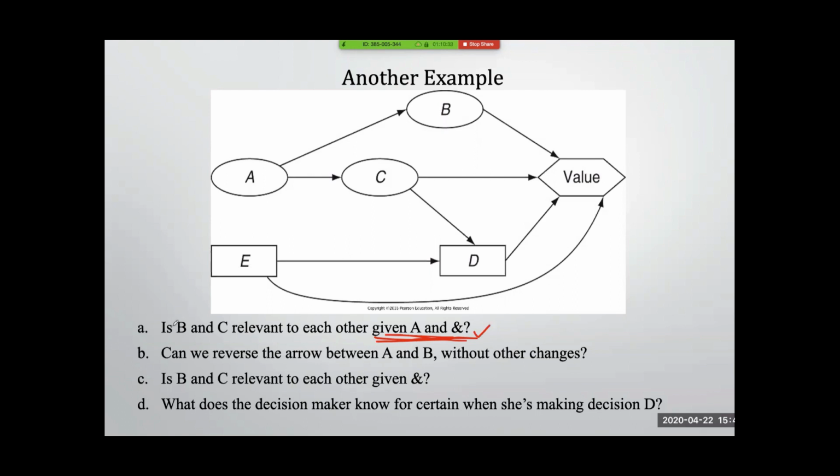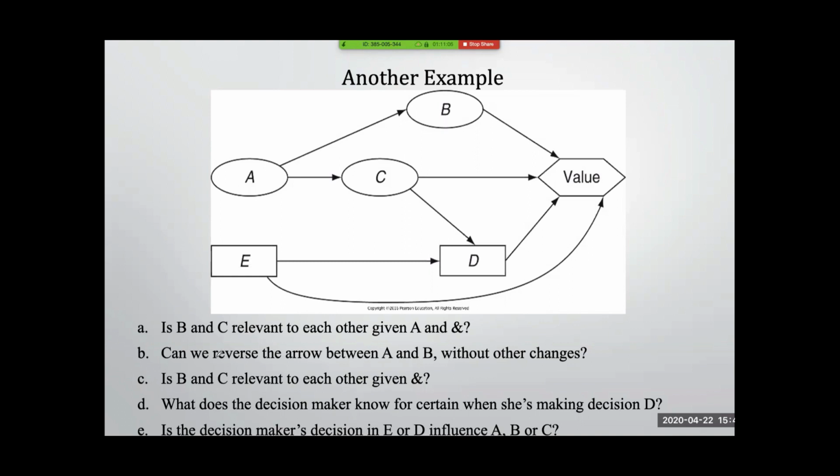No. So the answer to this question is B and C are irrelevant to each other given background knowledge and the observation from distinction A. Okay, the second question is, can we reverse the arrow between A and B without other changes? Again, you would answer this question like you used to in the previous chapter about relevance diagrams.